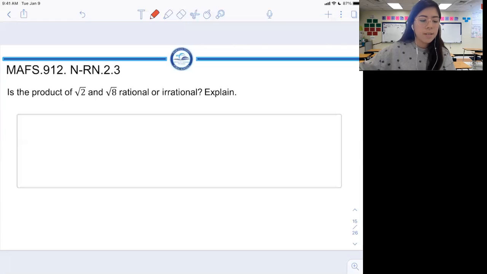Okay, guys, 30 seconds has passed. What do we think? Irrational, because we did it before, and both of those are irrational, and it's only rational sometimes if you combine them.